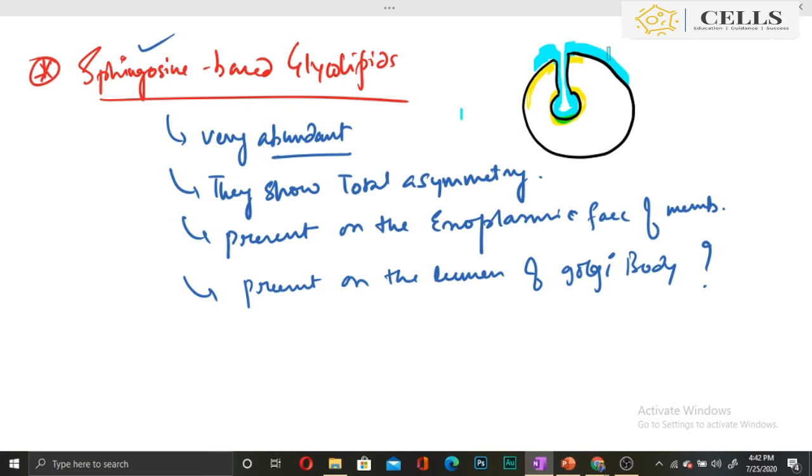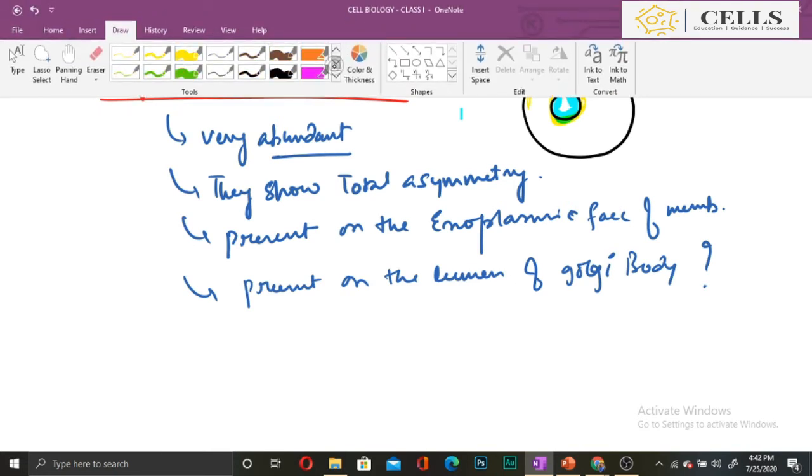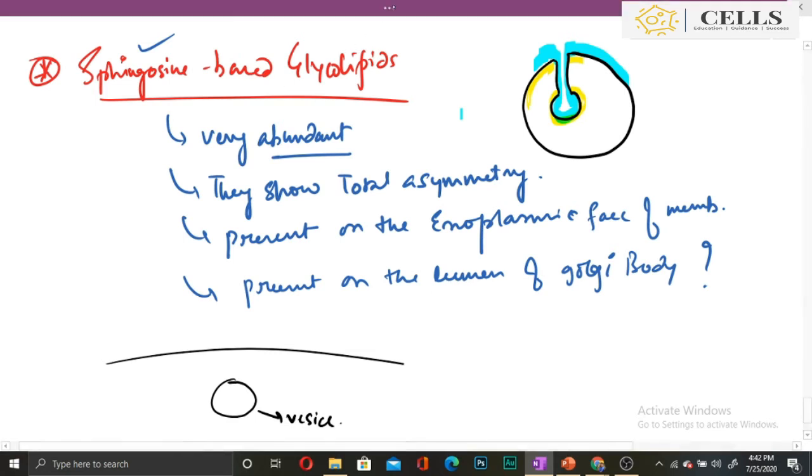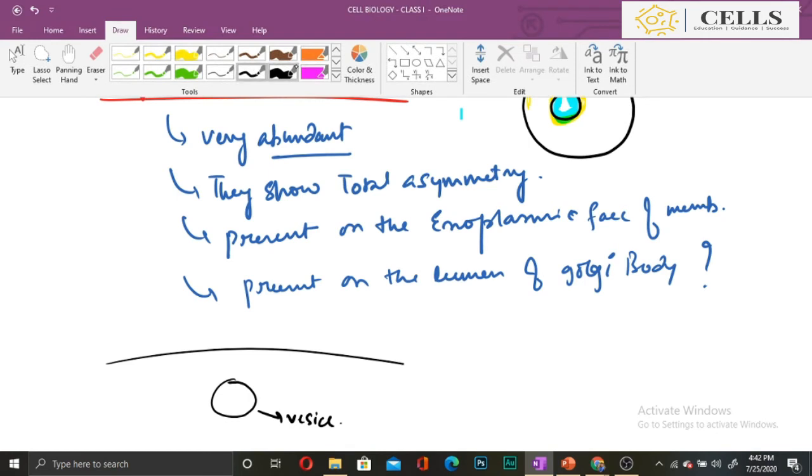See this very carefully. Suppose I have a particular vesicle, and suppose this is a membrane. Now it is a double layered membrane, but I am just writing it normally to make things easy.